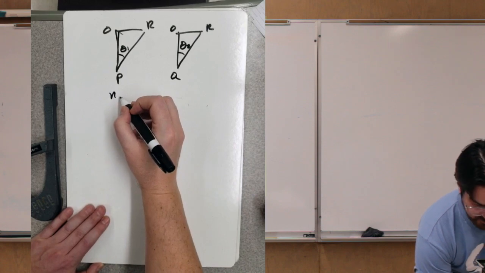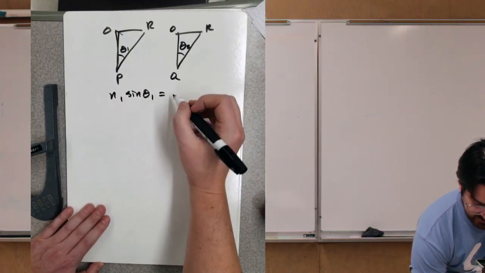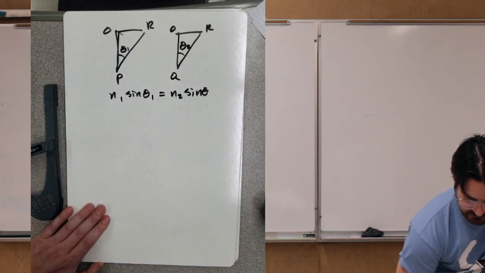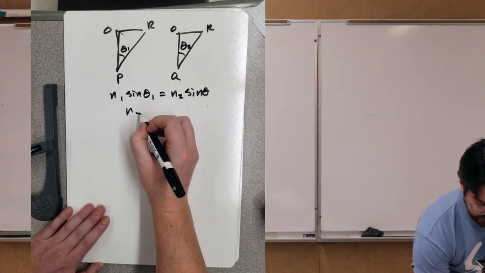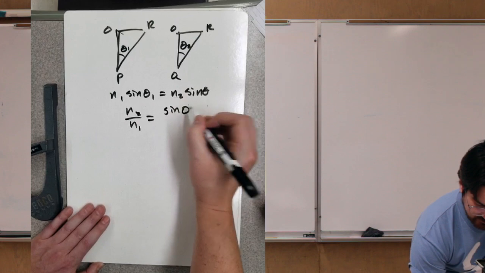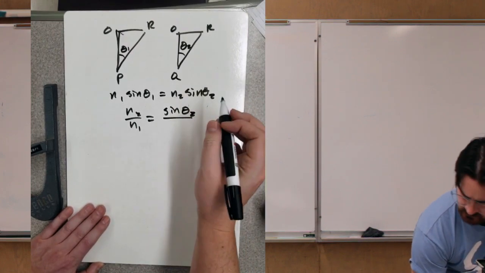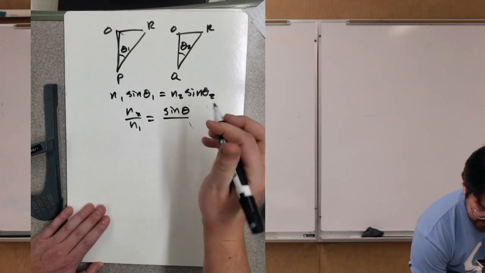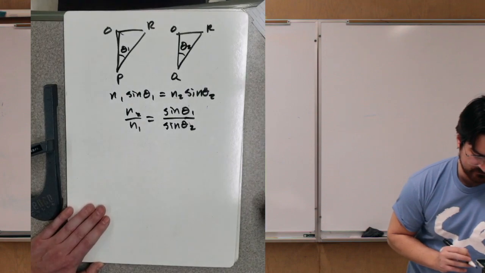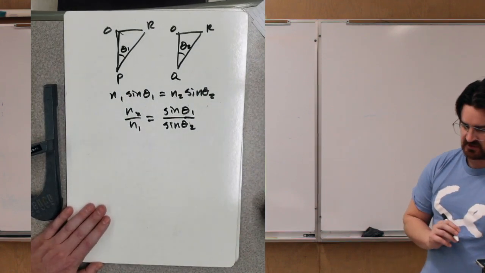So let's reach back and pull out our law of refraction, Snell's law, and rearrange this so I have the indices of refraction on one side and the sine on the other.